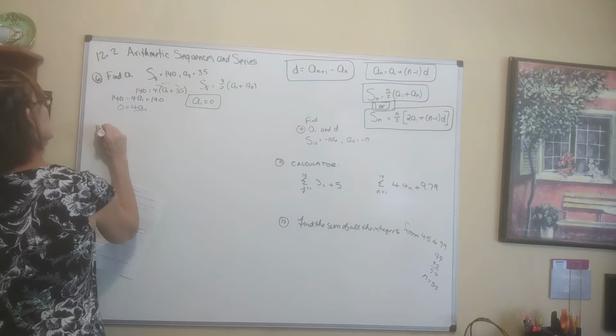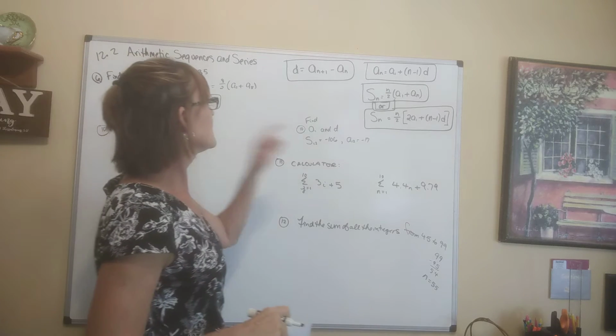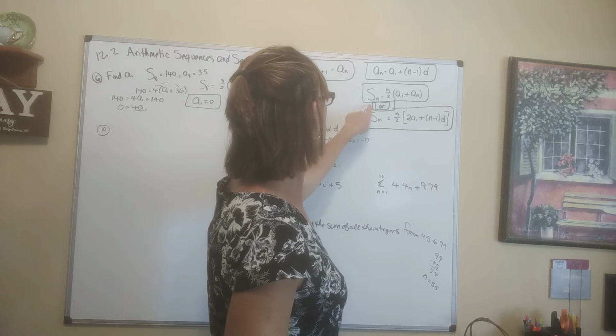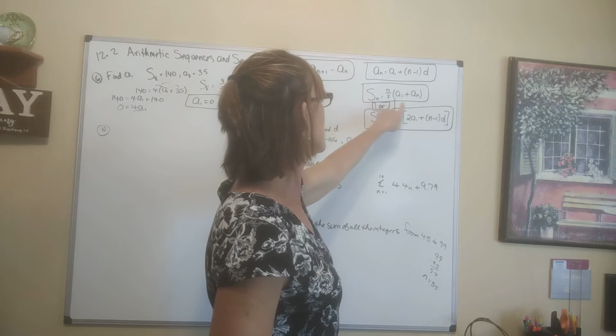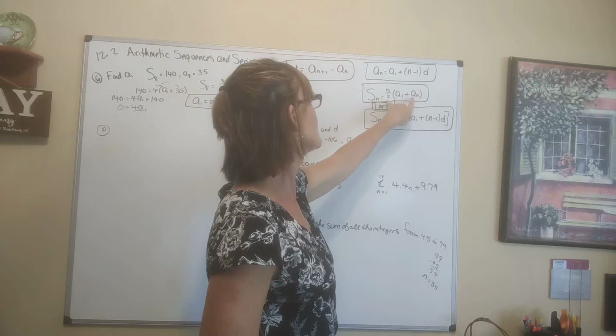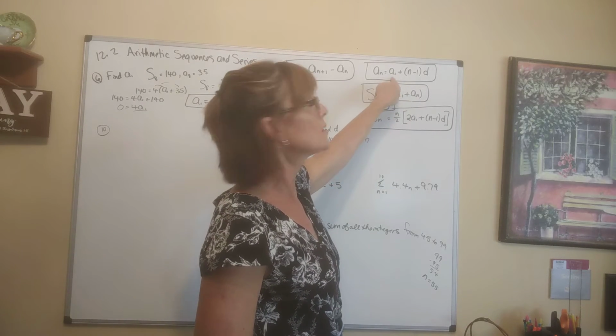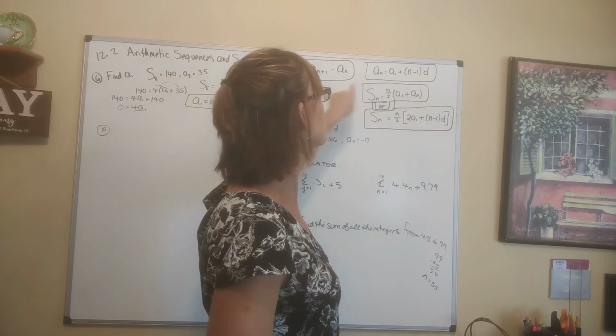So, number 10. I have A sub 12 and S sub 12. This formula involves both of those, and I could solve for A sub 1. If I know A sub 1, then I can use that to solve for D. So that's my plan.